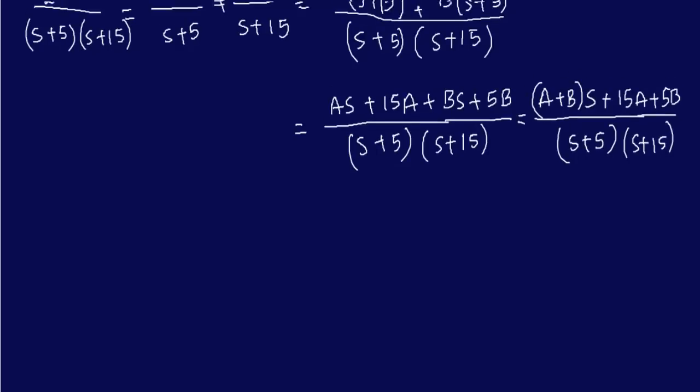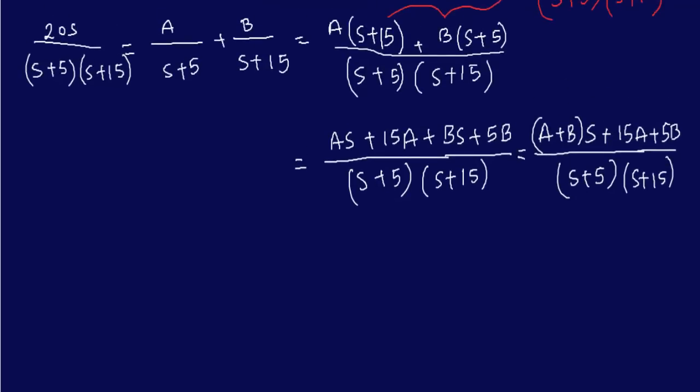Alright, so the expression on the right side equals the expression on the left side. The denominator is the same, and therefore the numerator should be the same. So we have to equate the numerators.